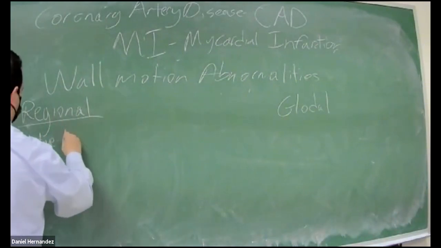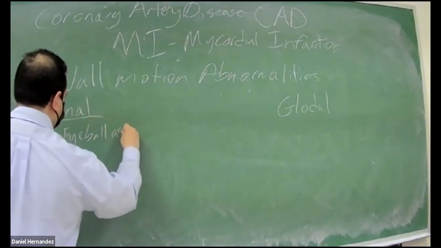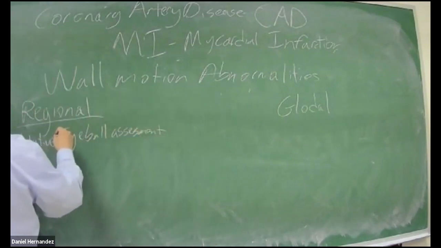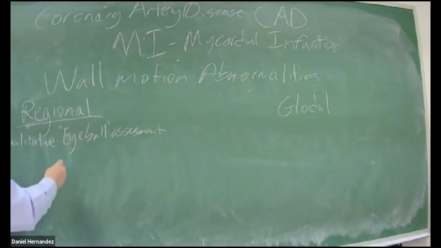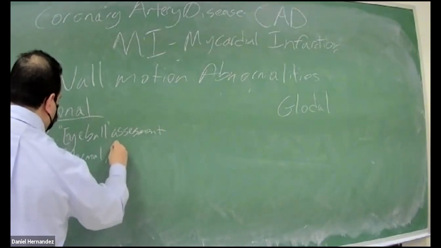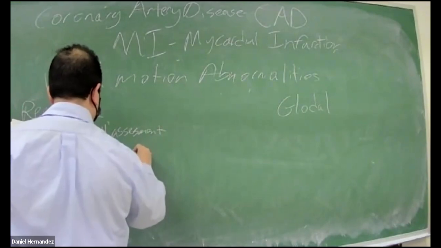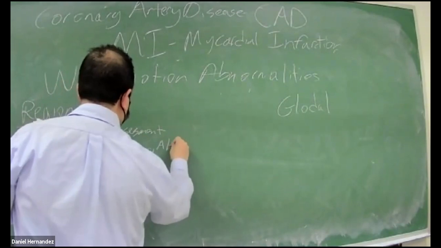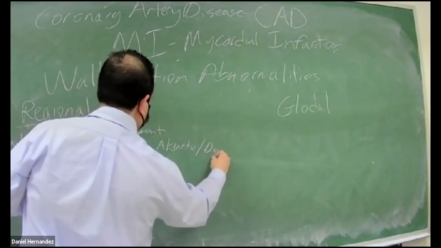So this is just kind of like our eyeball assessment. We can say it's normal, hypokinetic, akinetic, dyskinetic.